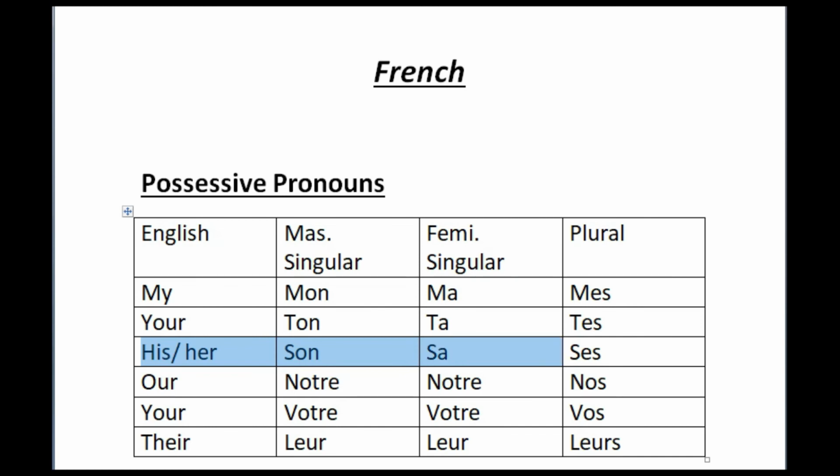Either his or her plural, ses. Our masculine singular, notre. Our feminine singular, again notre. And our plural, nos. Your formally masculine singular, votre, as well as feminine singular, votre, and your in plural form, vos.